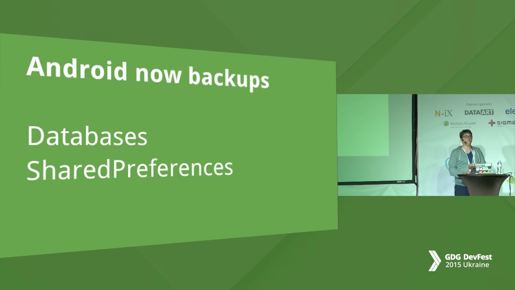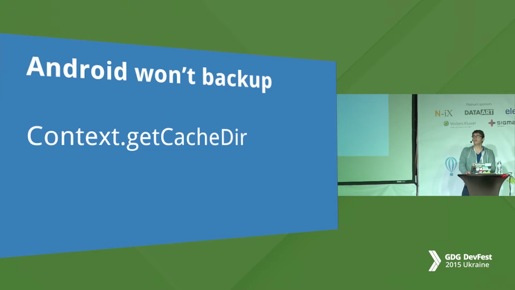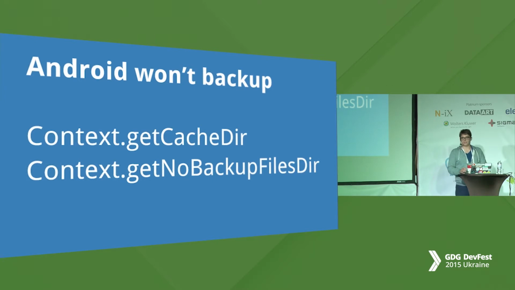also represented by files inside of the application directory, and basically everything inside of your application directory, data, your package name, except for two directories that you can learn about using those methods.